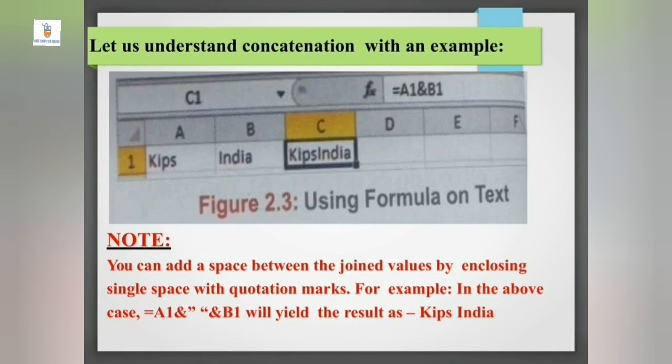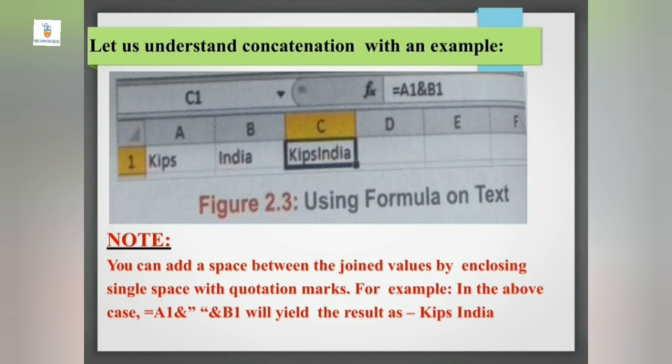Let's understand this with the given example. Say in cell A1 I have KIPS and in cell B1 I have India typed. And in the formula bar in cell C1 I would type equal to A1 ampersand B1 and hit the enter key. Then the result obtained would be KIPS India in a continuous manner.